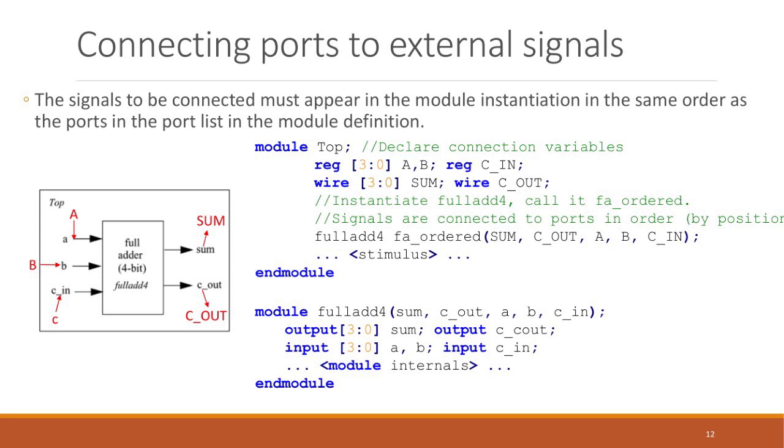These signals that are external to the fulladd4 module have been named with capital letters. The capital A, B, Cin, SUM, and Cout are the external signals to the FA_ordered module, and these signals are inside the top module.